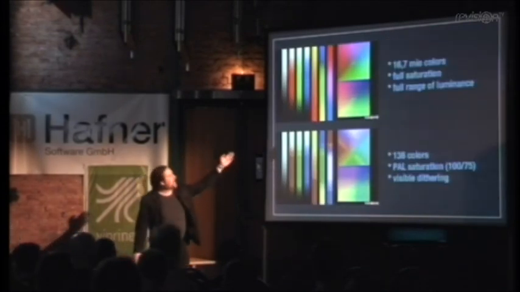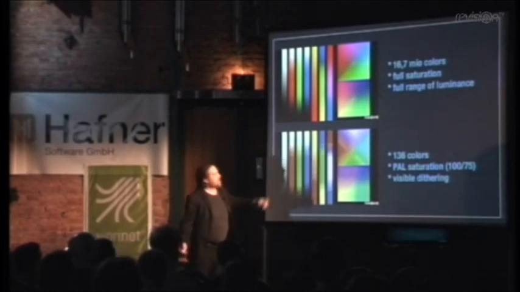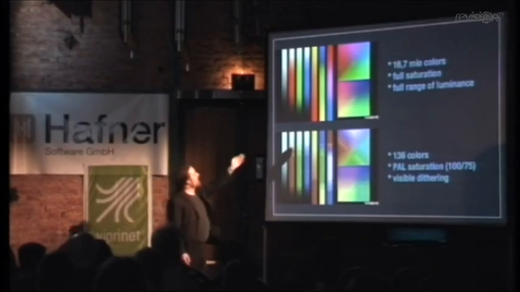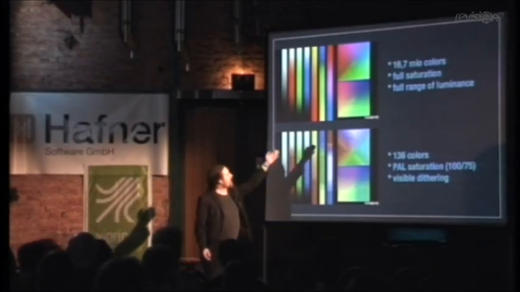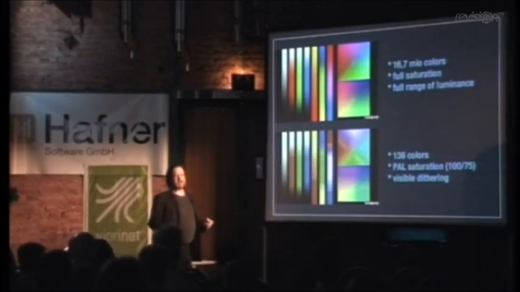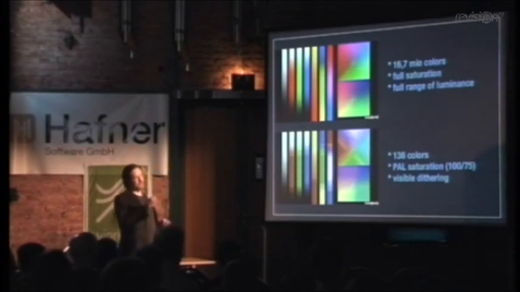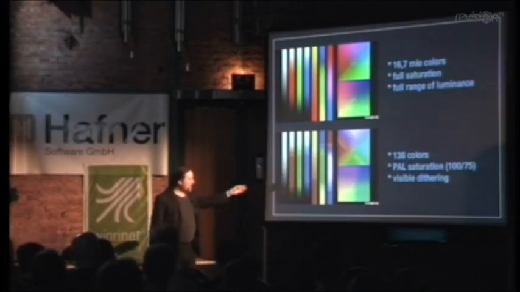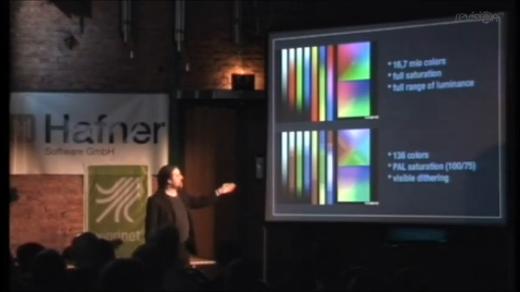On the PAL system we have 17.7 million colors. I don't tell you any new things here. We have full saturation and we have a full range of luminance, which means we have 3 color channels, and we can give them values from 0 to 255. On the C64 we have only 16 colors.